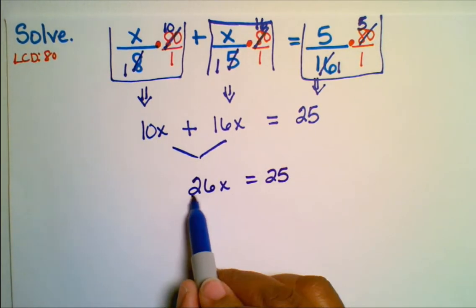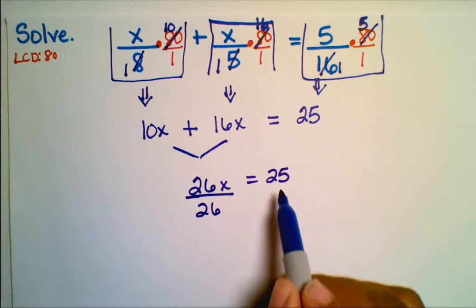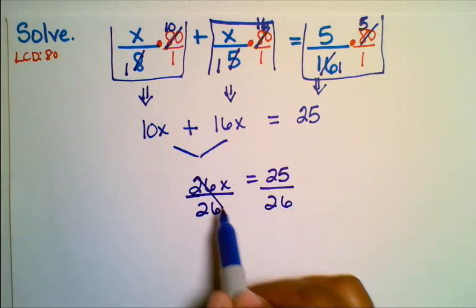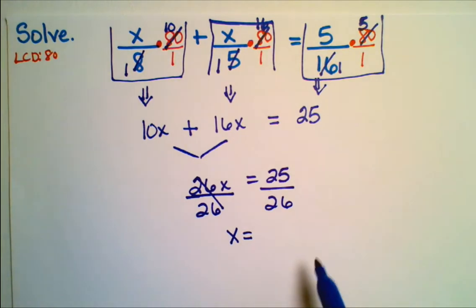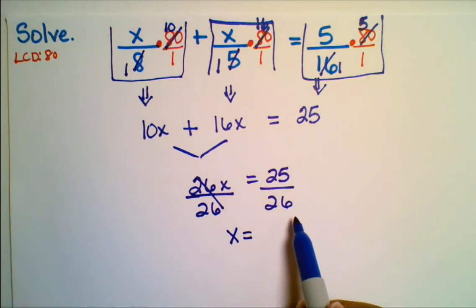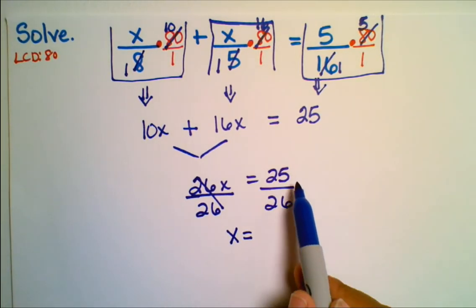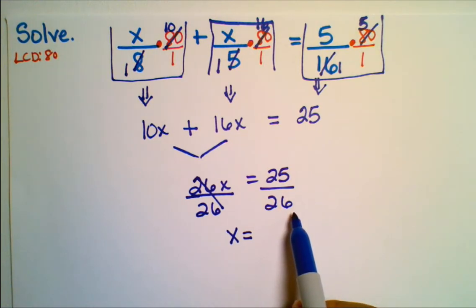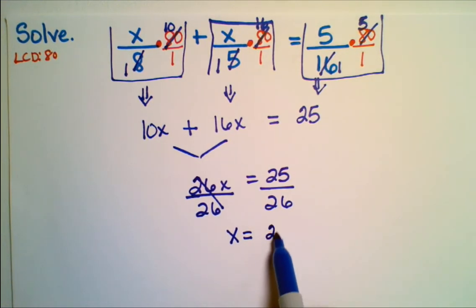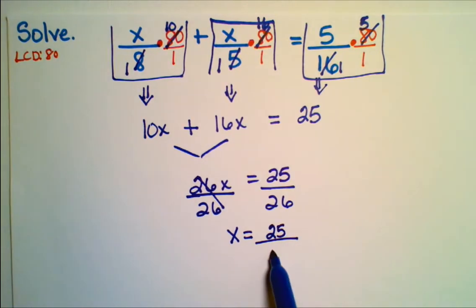And to solve for x, we're going to divide by 26 on both sides. And we have x is equal to 25 over 26. We have a fraction. We would attempt to reduce it, but we can't. So we'll leave it just as a fraction. x is equal to 25 over 26.